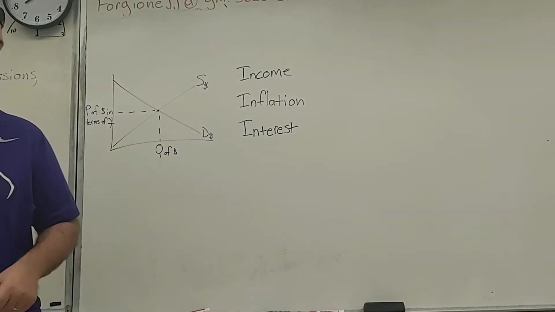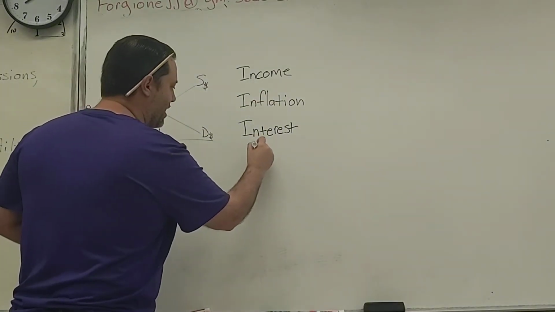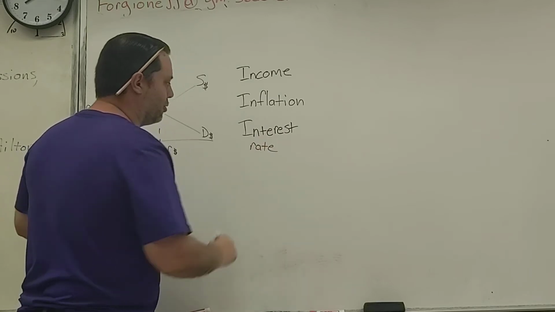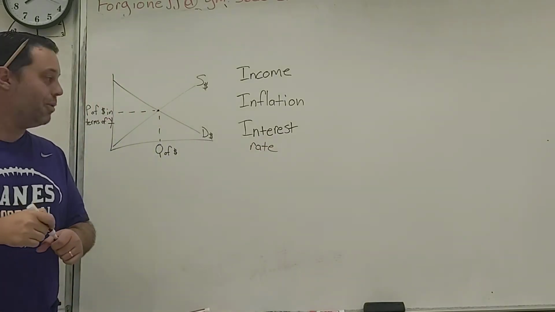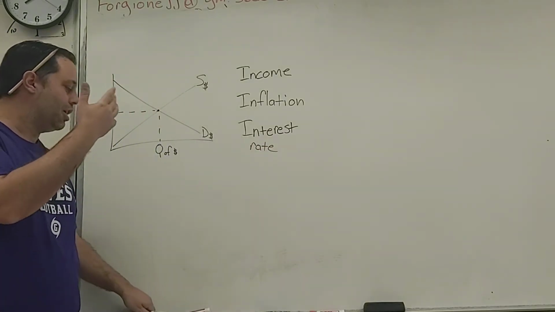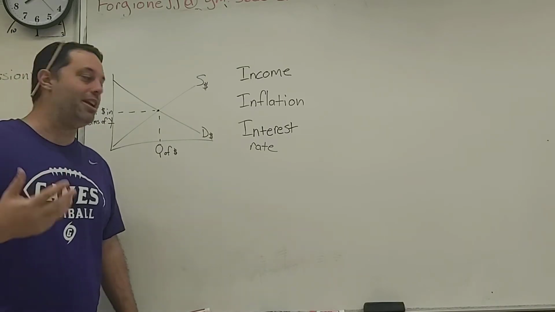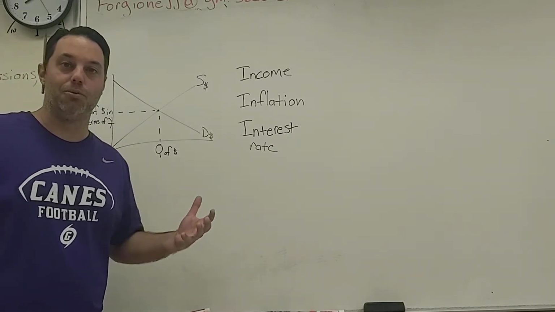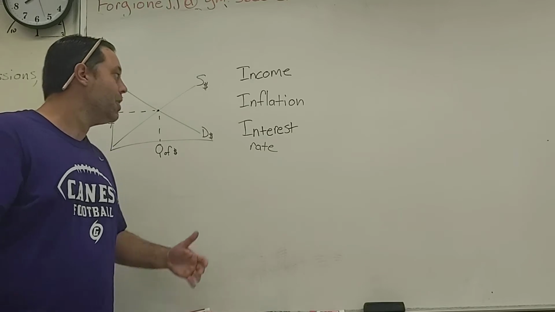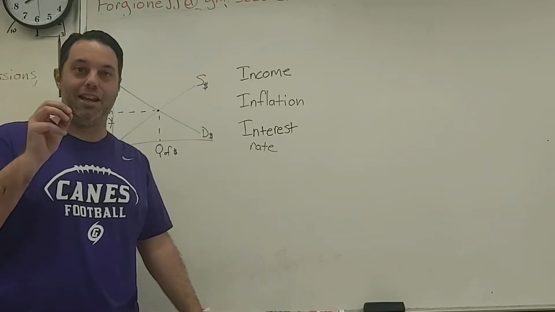And by interest, I mean the interest rate, not your interest in a particular product. So inflation, income, and interest rate are the three I's that we're going to look at in terms of exchange rates. Let's start with the first one, income.